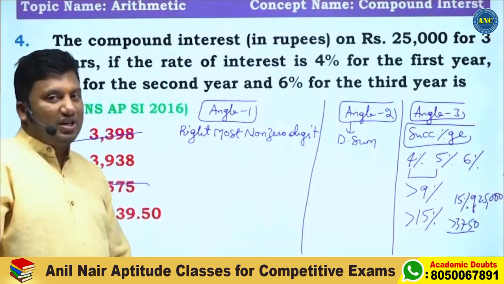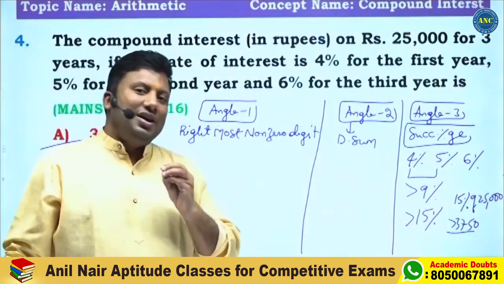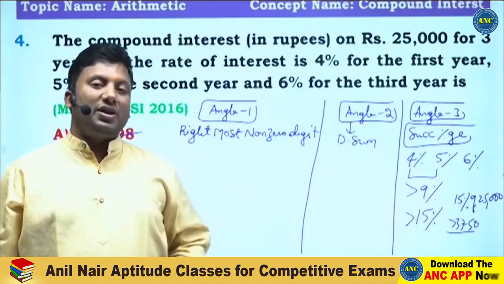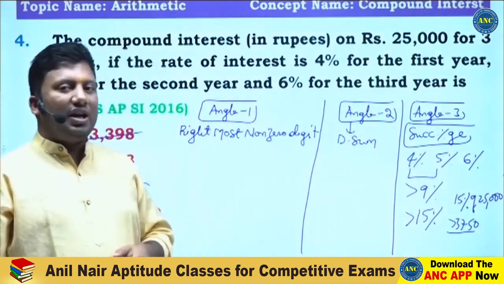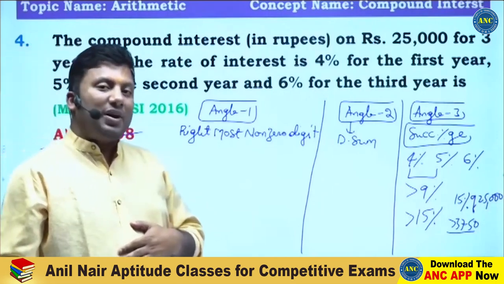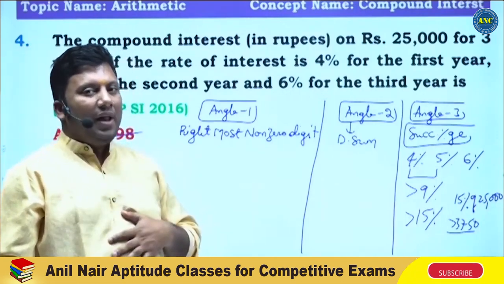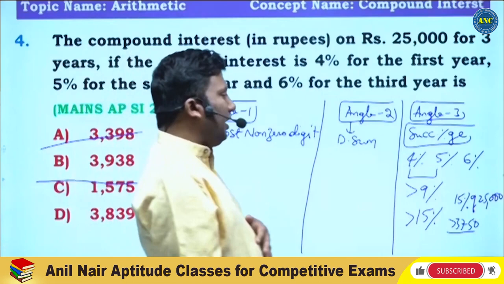A plus b plus ab by 100 is the notation for successive percentage change. If the percentage increases are a and b, the overall percentage increase is a plus b plus ab by 100.